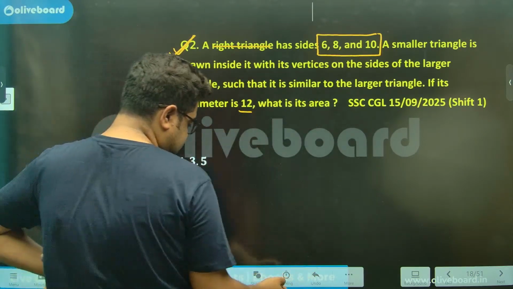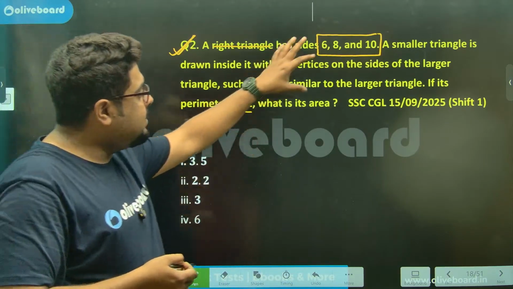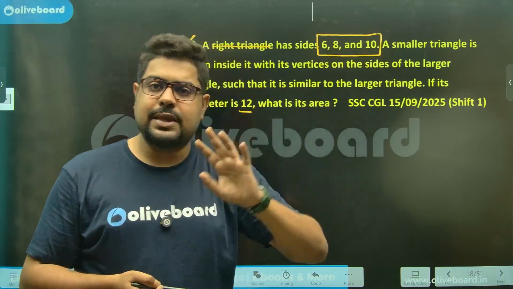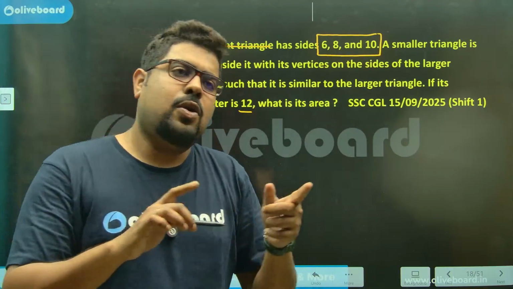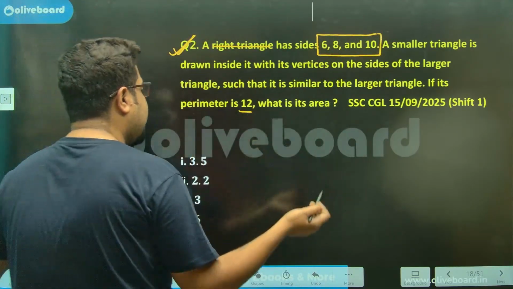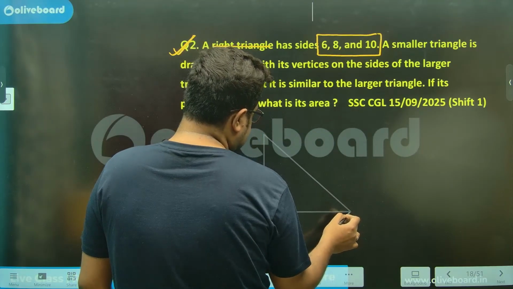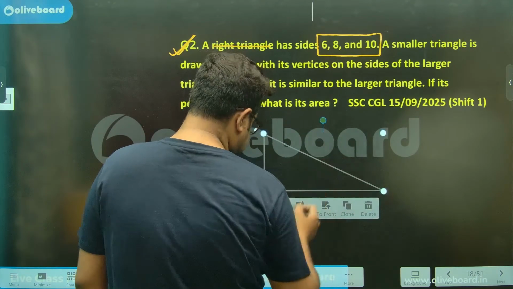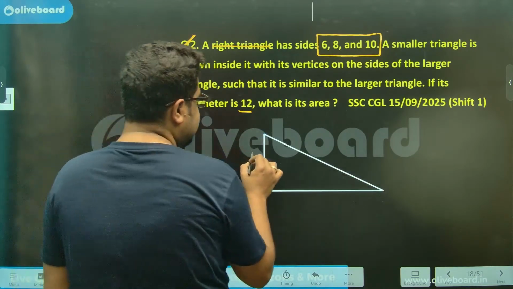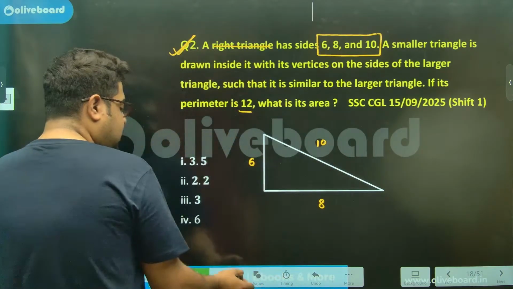Can you see what I was actually saying? They are making things complicated, whether using two similar triangles, or one square and one circle, or one square and one triangle, whatever it is. Acha, 6 and 8 and 10. So let's keep it like this: this is 6, this is 8, this must be 10. Now what have they done?